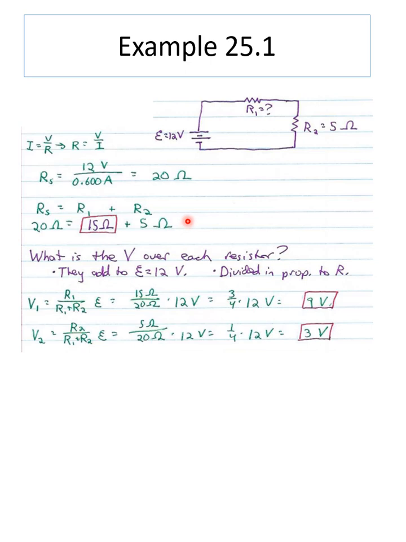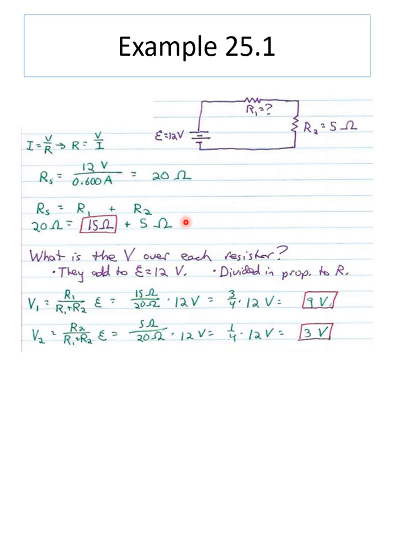Now, we could also ask, what is the voltage over each resistor? What is the voltage drop? Now, we know that they add to 12 volts, and they are divided in proportion to the resistances.